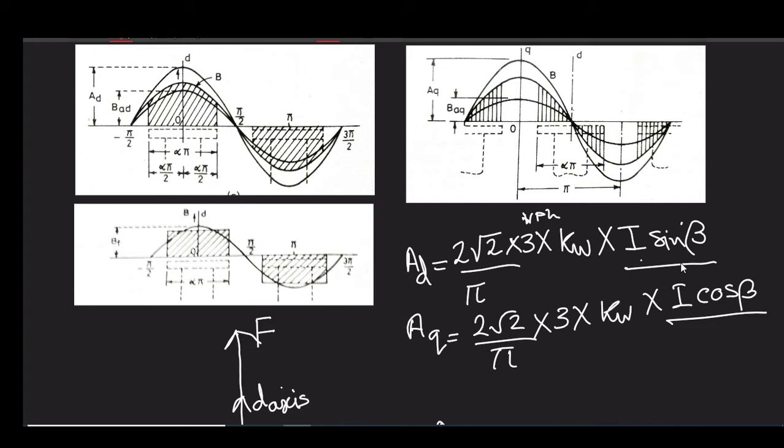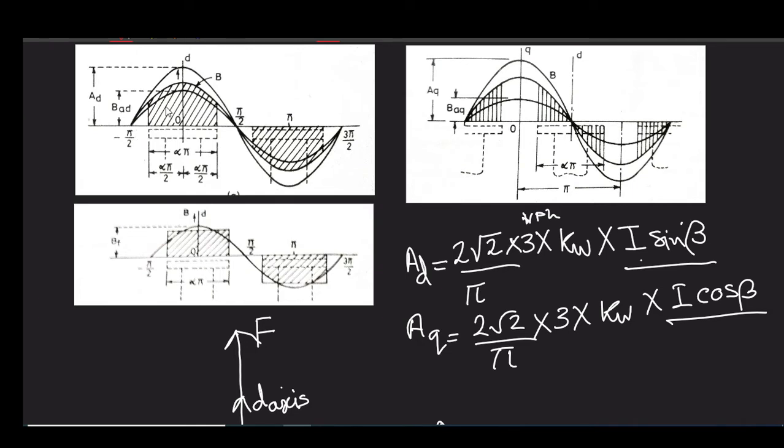Now why does this AD and AQ make a difference? This picture is also a good one. You can see that the AD and AQ MMF is drawn to scale, to give you a better understanding. Here you can see that this AD is acting on the pole phase.